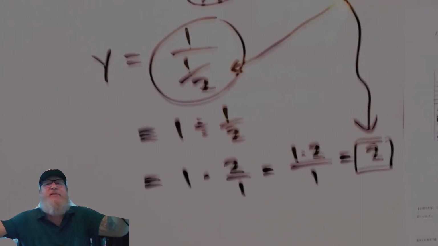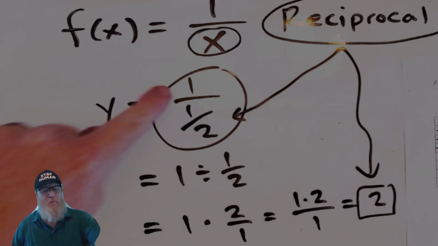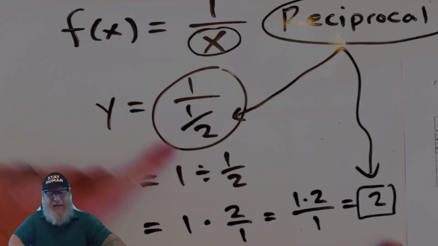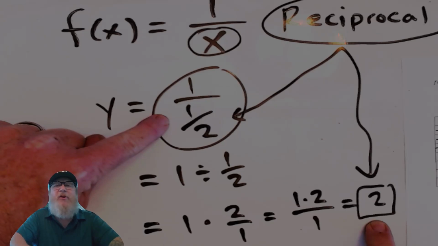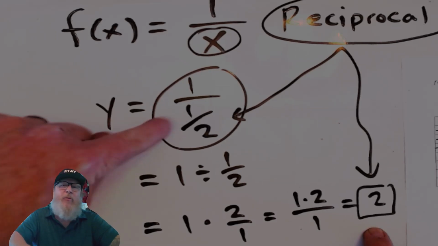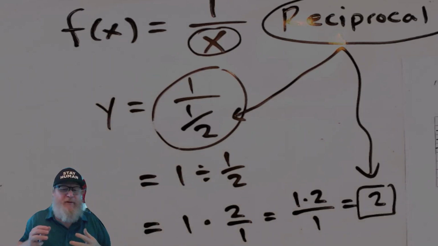And I hope you see why the family is called the reciprocal family. Look, 1 divided by 1/2 becomes 2. These numbers are called reciprocals. The reciprocal of 2 is 1/2. The reciprocal of 1/2 is 2. They are reciprocals of each other.